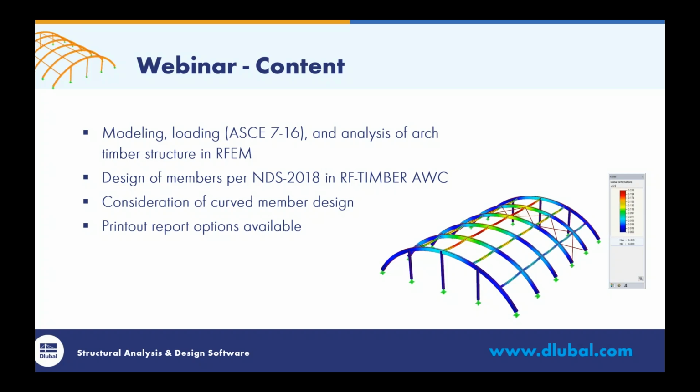Then we'll get into the design of the members per the NDS standard, and we do have the latest 2018 implemented in our add-on module RF-TIMBER AWC. I'll further go into consideration of curved member design and how exactly the NDS addresses this. And finally, we'll touch on printout report options available within our program for our calculation and design results.